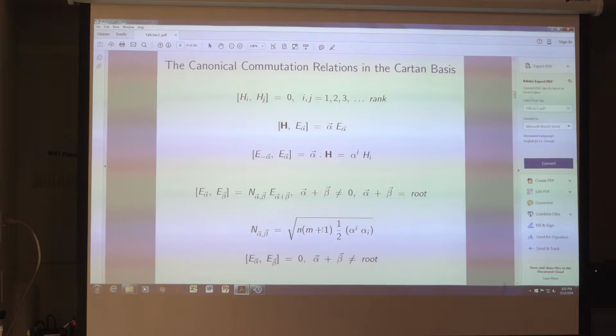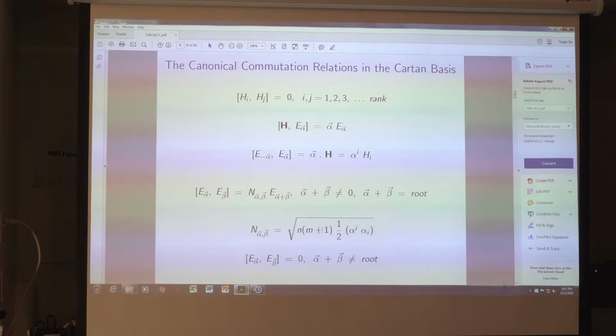Okay, so let's go to the nitty-gritty now. Let's look at the canonical commutation relationship in the Cartan basis. Let's suppose that I have a Lie algebra of a given rank, and I have a bunch of Cartan generators where i and j label the number of Cartan generators.